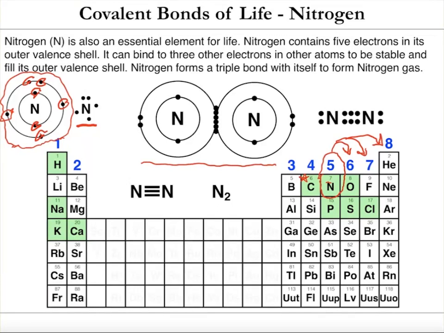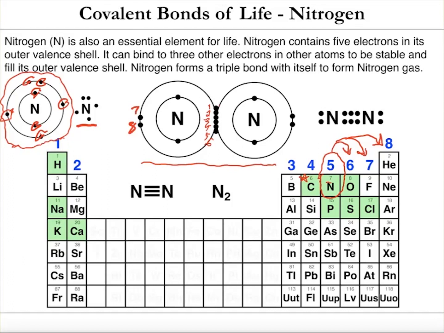So what nitrogen can do is it can form a triple bond where the 2 nitrogens will share 6 different electrons. So right here we have 1, 2, 3, 4, 5, 6 electrons that are going to be shared between these 2 nitrogen atoms. And then we have 7 and 8, which would just exist on the nitrogen.